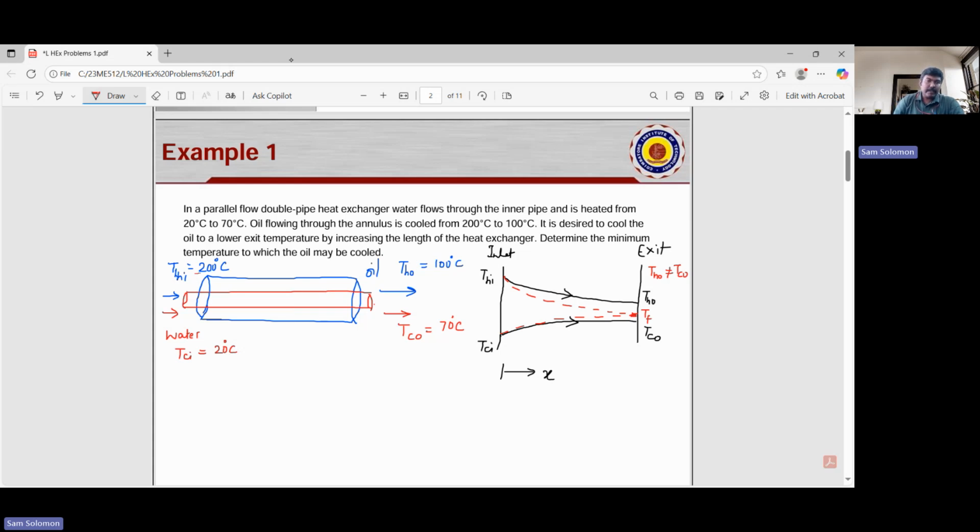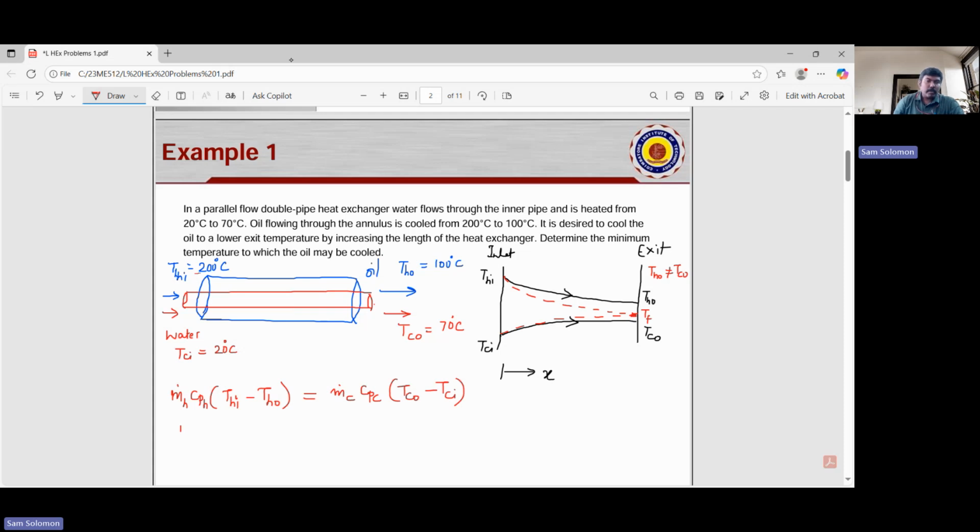To start with, we can say m dot h CPH times THI minus THO, because the inlet temperature of the hot fluid is greater than the exit temperature of the hot fluid, equals m dot c CPC times TCO minus TCI. This is a simple energy balance.